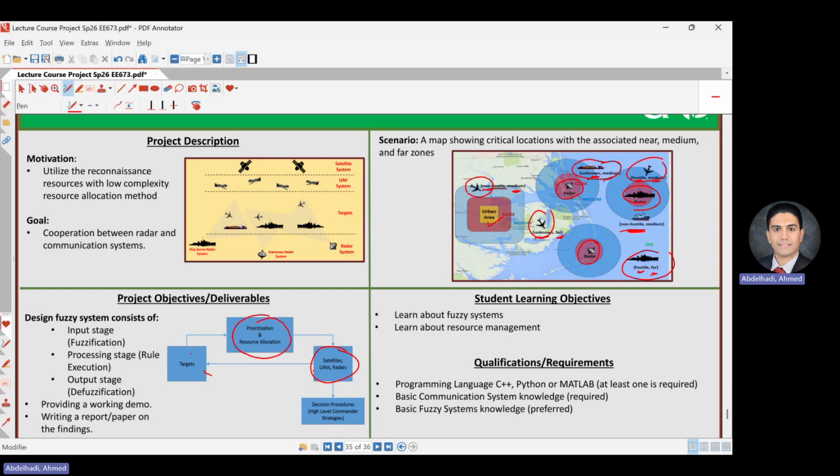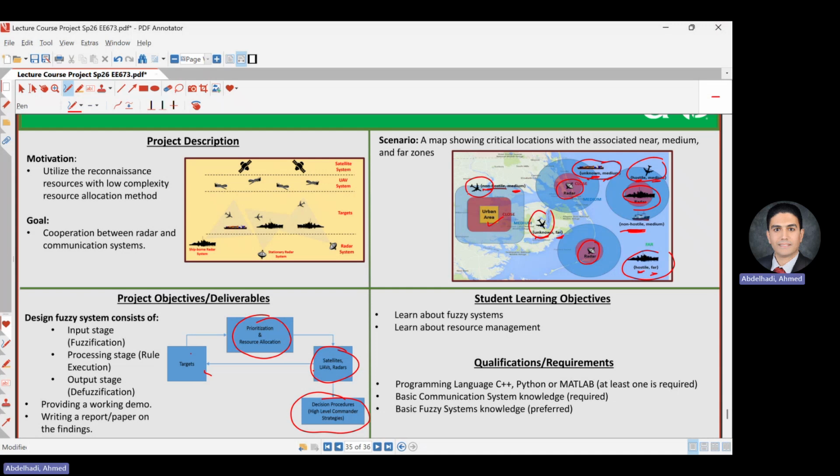Who is the target that is more important? So you should focus your limited resources on that target. And then based on that, you send a high-level commander strategy to take a decision if they should engage or not with that target. So it's basically a way of resource allocation with limited resources.